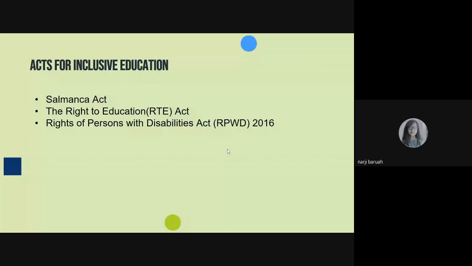Now, why is this Salamanca Act important? The first act that I have mentioned in the slide is important because it was a conference held in Spain where 92 governments and 25 international organizations gathered, and we had a discussion on various issues related to education.